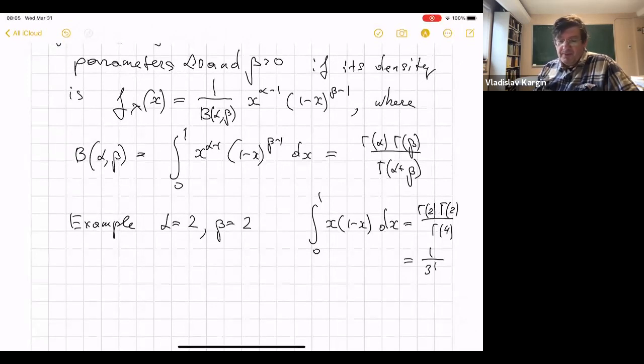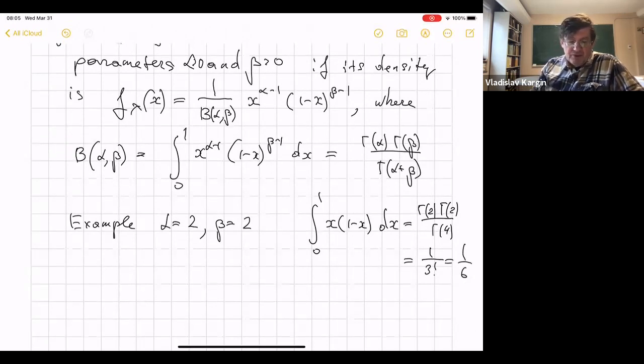It's a strange thing, but gamma of x, if x is an integer, is equal to x minus 1 factorial. So it's equal to 1/6.